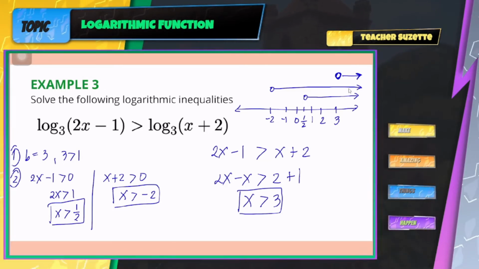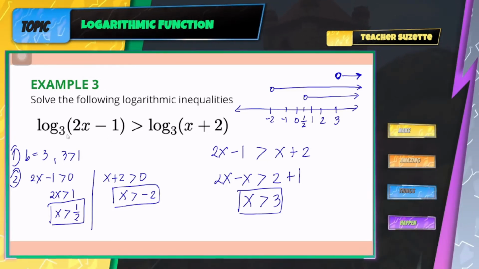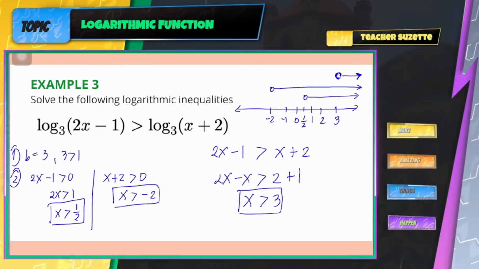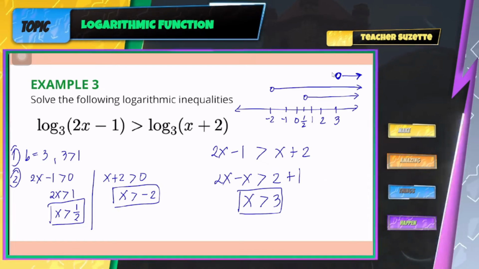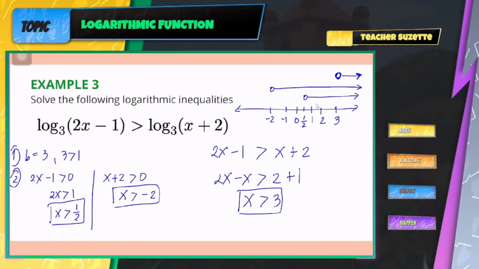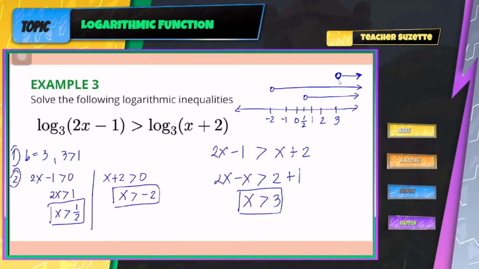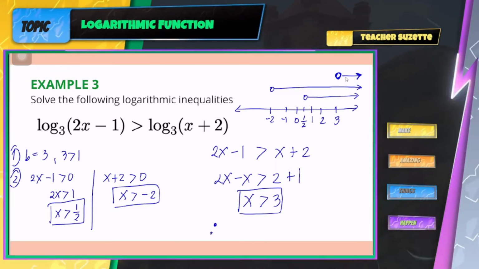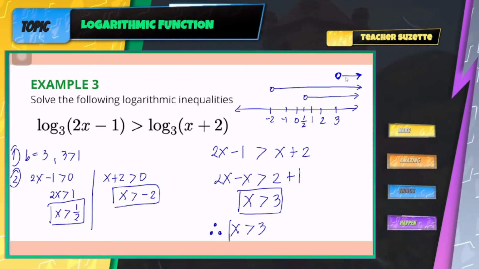Obviously, this is our resulting value of x when we solve our inequalities. All conditions are satisfied when x is greater than 3. Given those conditions, we take the highest, which is x greater than 3. Therefore, our solution is x is greater than 3.